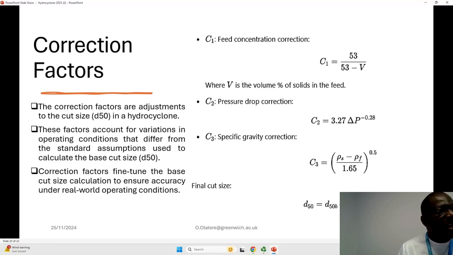So the hydrocyclone you are saying has a particular cut point size, but you want to adapt it to your process, then you can use a correction factor. A correction factor fine-tunes your base cut size calculation to ensure accuracy under real-world operating conditions. Do you understand me now?